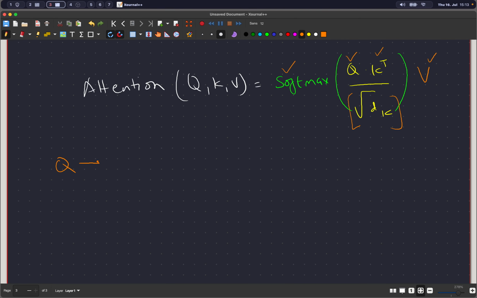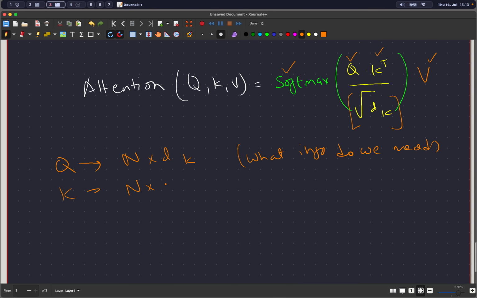So Q will be an n cross dk matrix. It just mentions what info we need. K is also n by dk. The database will tell you that I have this info, or I have these keys in me. V is n by dv, and most of the time dk is equal to dv.